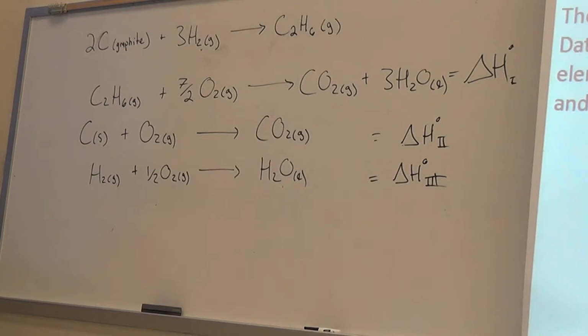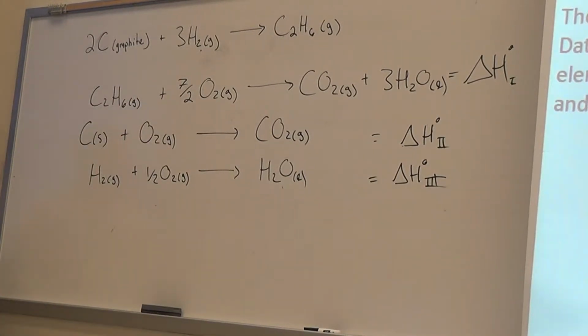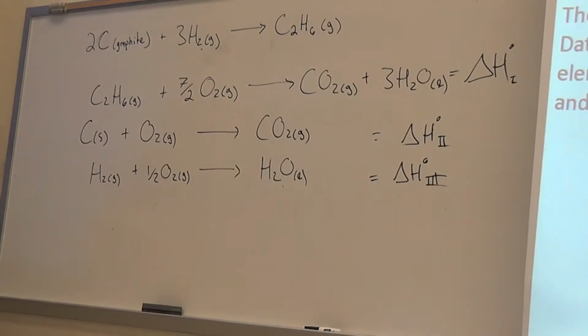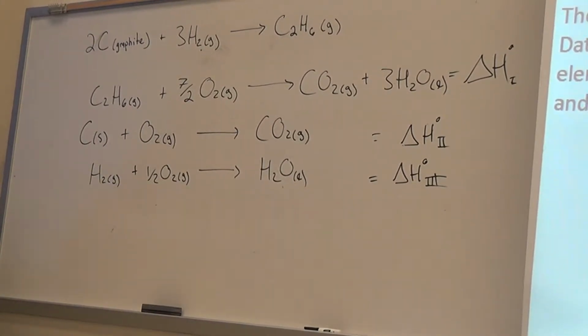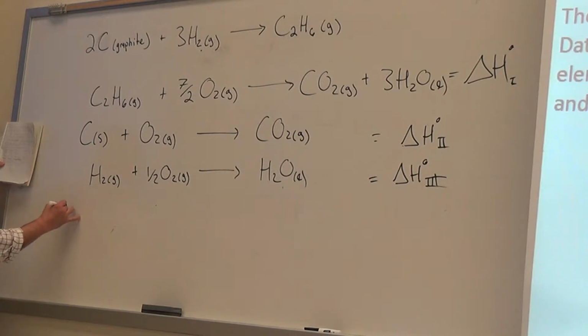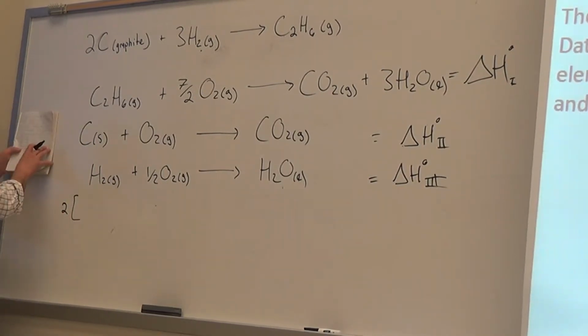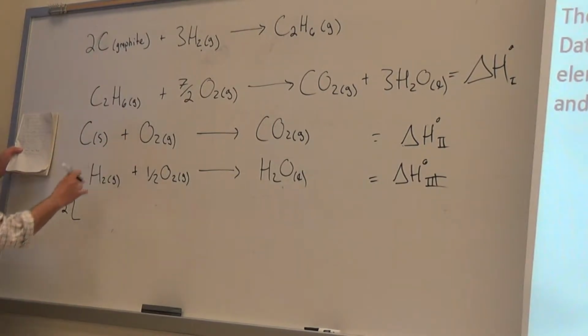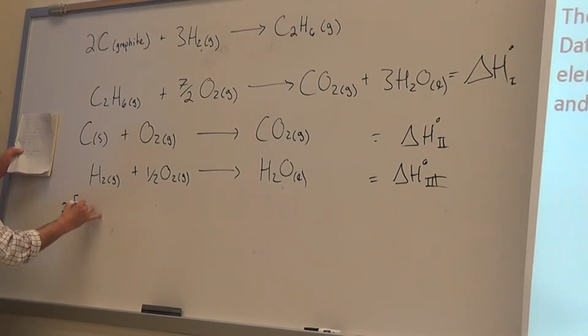These three equations can be rearranged such that the sum is equal to that equation that we were looking at up there for the formation of ethane from graphite and hydrogen. And it looks something like this. Take this reaction with carbon and oxygen, multiply by a factor of 2.